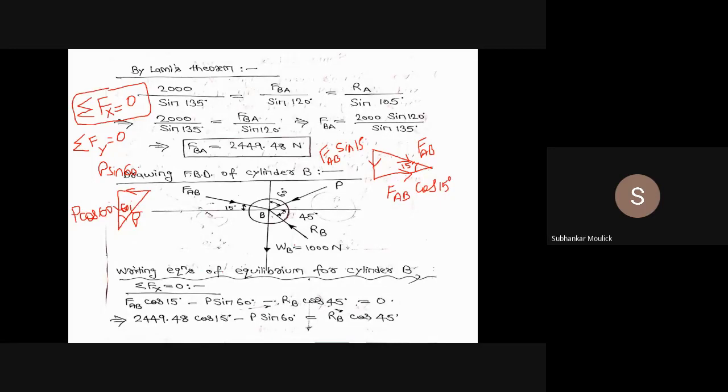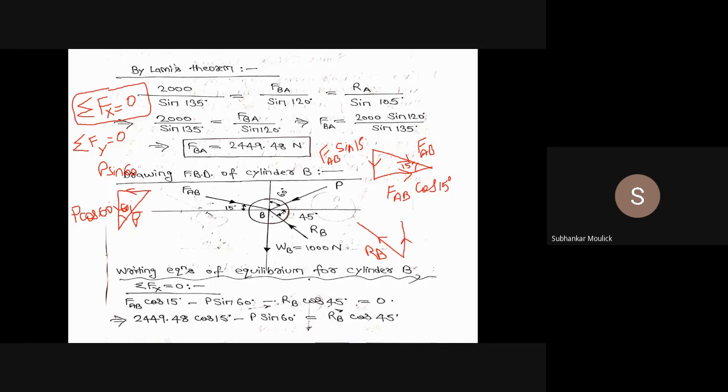And the last force is RB, and this RB is acting in this direction. Then if I want to resolve this RB, this end is the tail end and this end is the head end. I have to go from tail to head. From the tail end, I drop a perpendicular vertically upward.